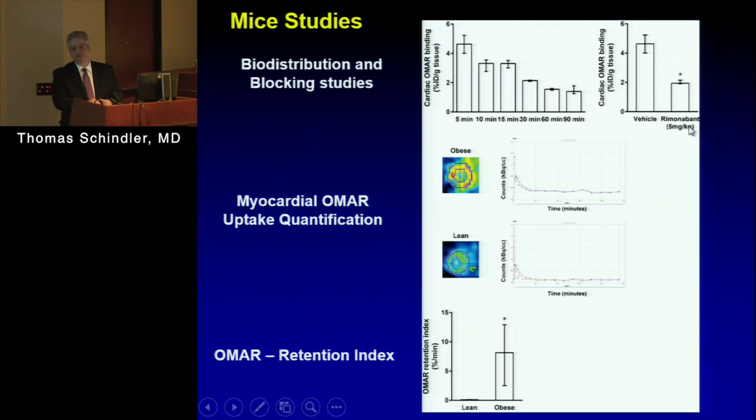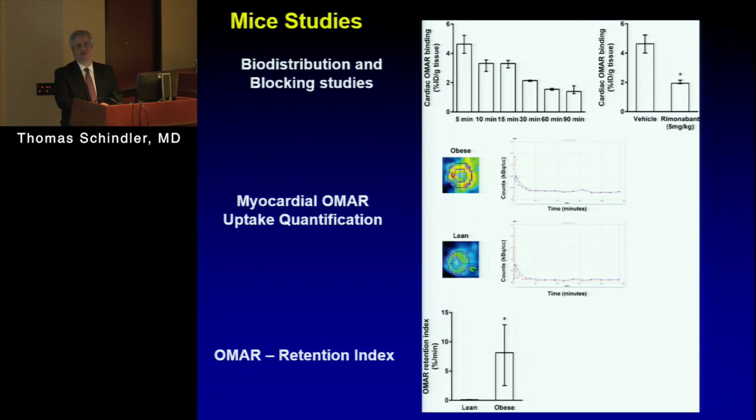Then we provided proof of specificity that the radiotracer is really targeting the CB1 receptor. So we blocked the CB1 receptor with rimonabant, a CB1 blocker. It was already on the market, but it was taken off the market because of the side effects on the brain, causing depressive periods.